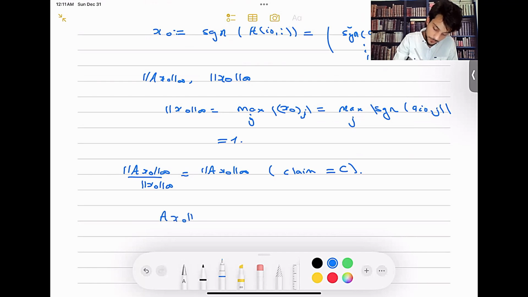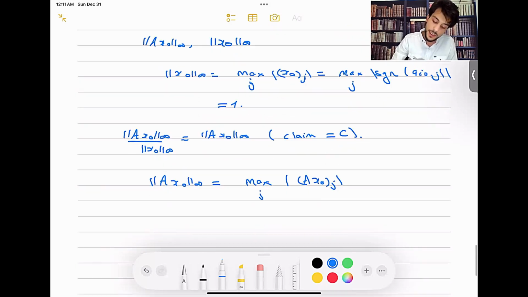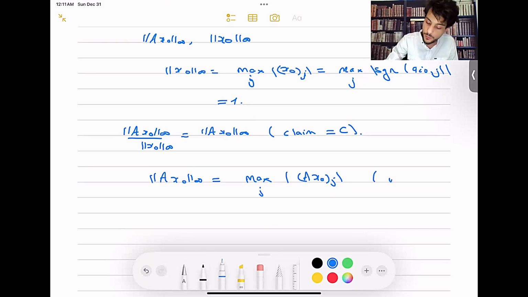If we take Ax0, it's going to be the maximum over j of the absolute value of (Ax0)j, taking the maximum of the absolute value of the entries, and we really want to show that this is equal to c.